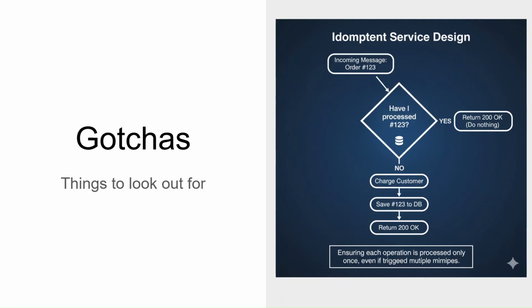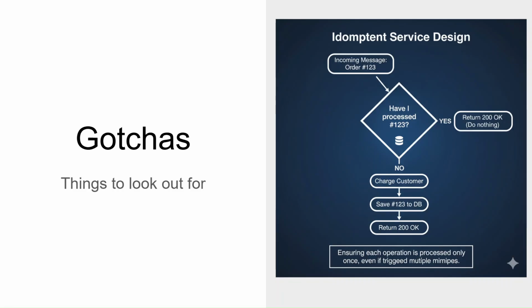So if there is a file upload and you need to perform some expensive operation like an AI or ML workload, transforming some images, or transcribing videos into text, you do not want to perform these operations multiple times because they can be expensive. You have to pay for your cloud services. So you want to make sure that these operations are idempotent.